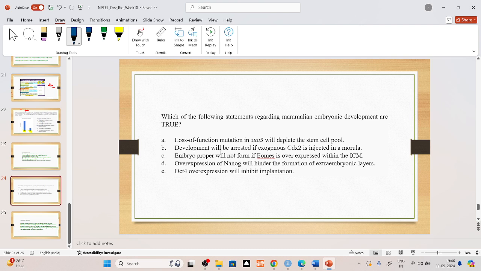C. Proper embryo will not form if EOMES is overexpressed within the ICM. D. Overexpression of NANOG will hinder the formation of extraembryonic layer. And the last option, E, OCT4 expression will inhibit the implantation process. It's not a very big question, and I'll give you 2 minutes.